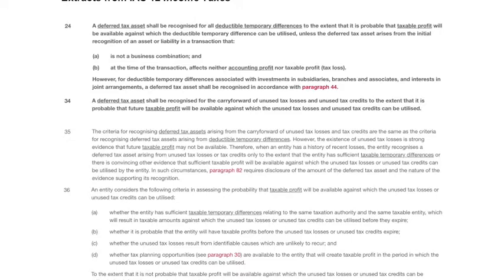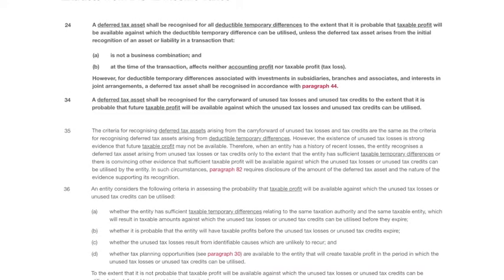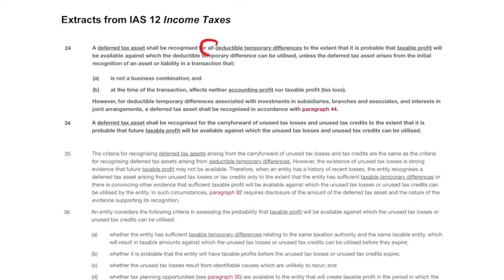Okay, so firstly, in paragraph 24, it says that a deferred tax asset shall be recognized for all deductible temporary differences, to the extent that it is probable that taxable profit will be available against which the deductible temporary difference can be utilized, unless the deferred tax asset arises from the initial recognition of an asset or liability in a transaction that is not a business combination, and at the time of the transaction affects neither accounting profit nor tax profit.